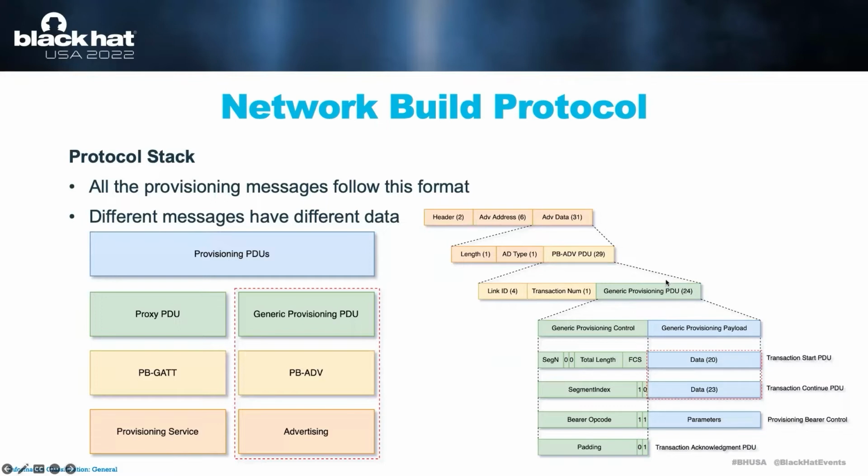And the data related to provisioning are all here in the generic provisioning PDU, and especially in these two: the transaction start PDU and the transaction continue PDU. So how the mesh protocol implementation parses the generic provisioning PDU is the key point of vulnerability mining.